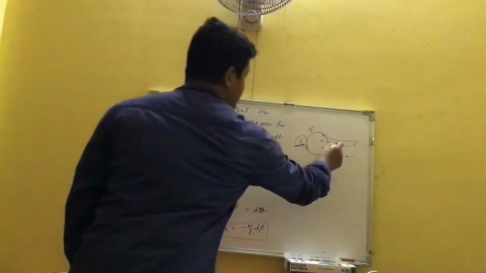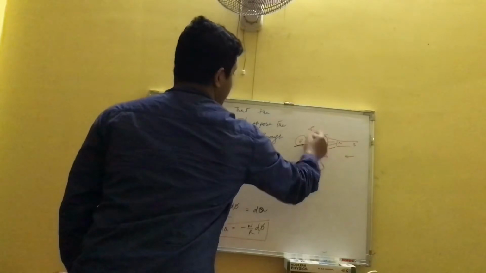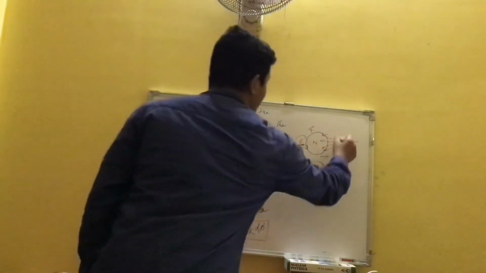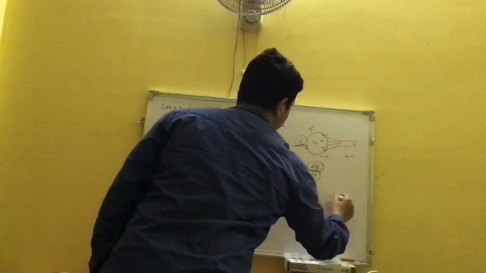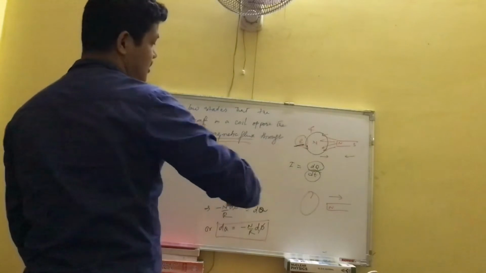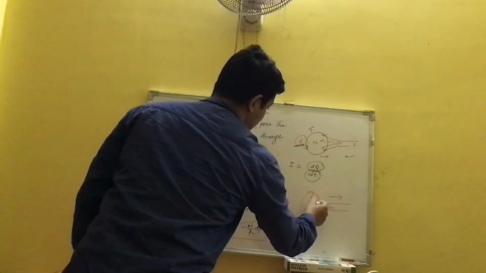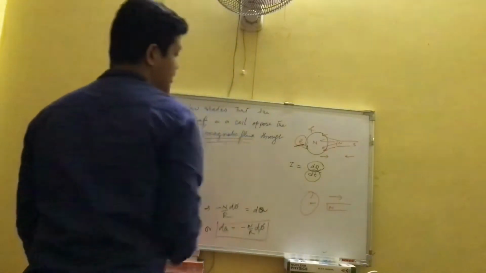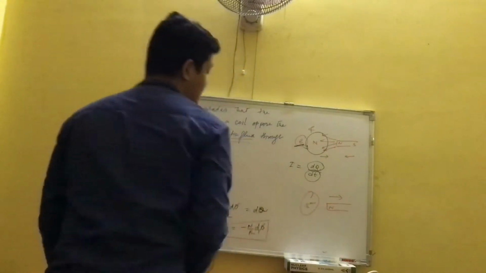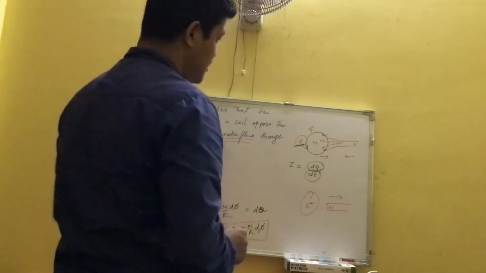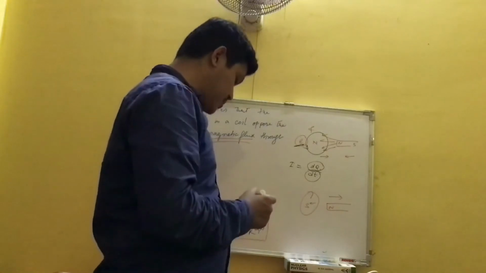If it is the north pole, then to oppose this north pole, this face will appear to be north. And when this north pole is moved away from the coil, it will try to attract the magnet towards itself. Then to attract this north, it should appear as south. So that is the phenomenon that goes on.